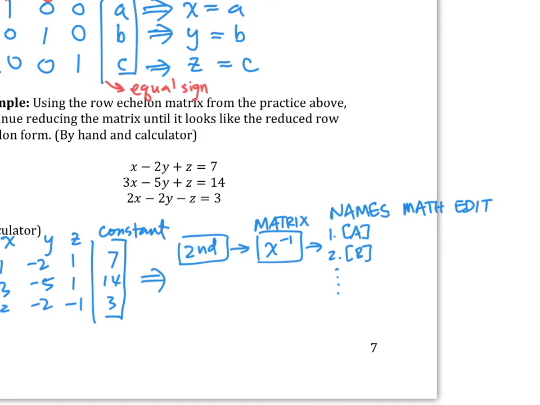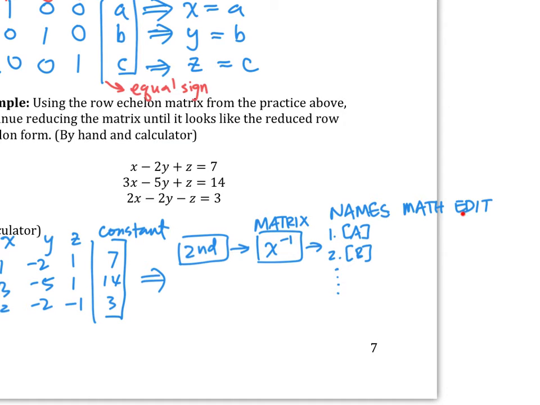What we're going to do is first create a matrix, by actually just editing. So you're going to go to edit, and then when you go to edit, the same matrices appear again. If you never touched it before, there's nothing in any of the matrices.